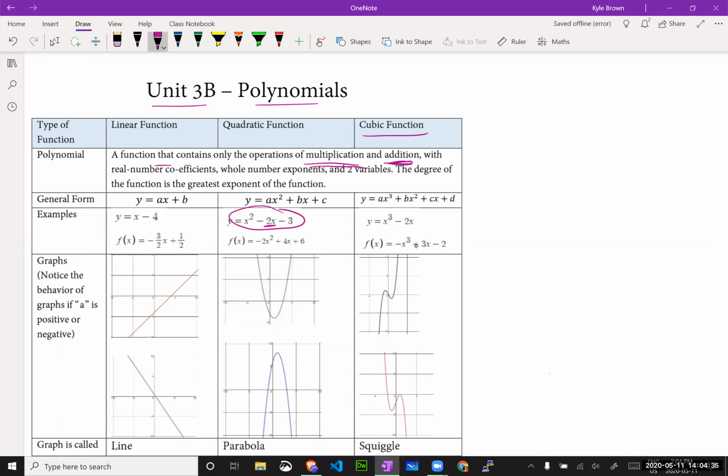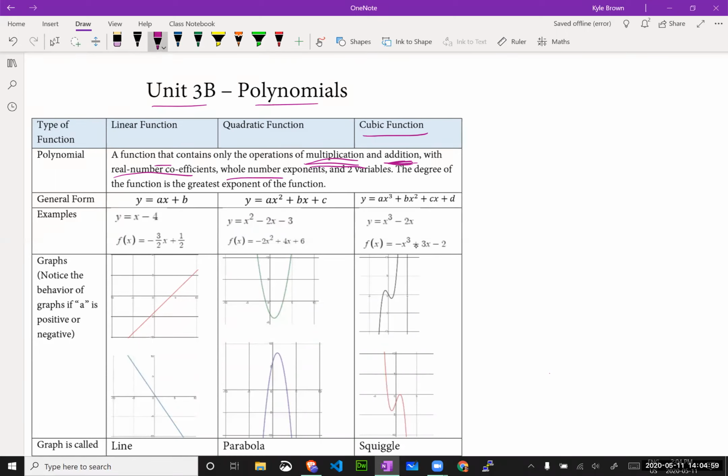Because you can add a negative, which really is subtraction. It means that you're multiplying or adding these things with real number coefficients. So those are the numbers out front, right? So they have to be real numbers. It could be a 2, but in this case, it's even negative 3 over 2. So that's still a real number.